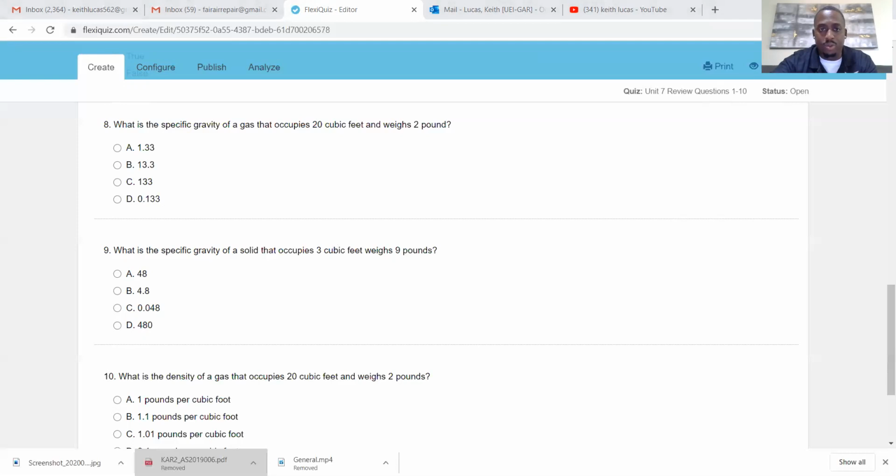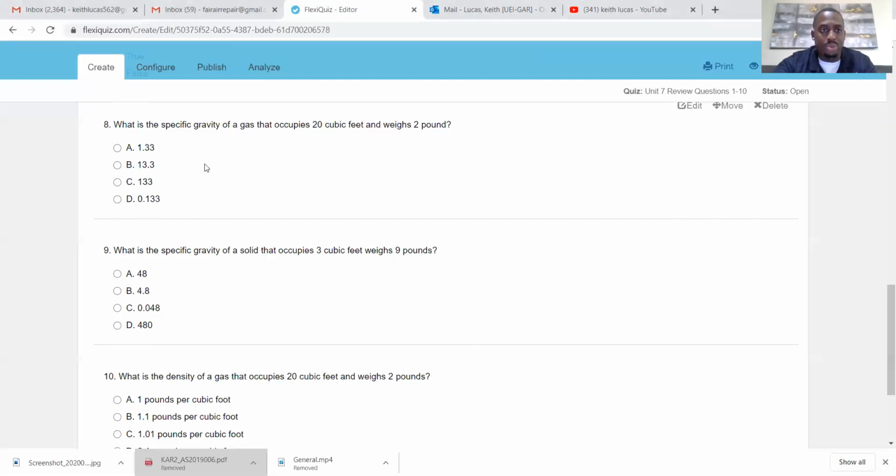So right here, we need to divide the density of that gas, which is 0.1, by the density of air, which is a constant right here in red, 0.075. So 0.1 divided by 0.075 gives us a whopping 1.33.